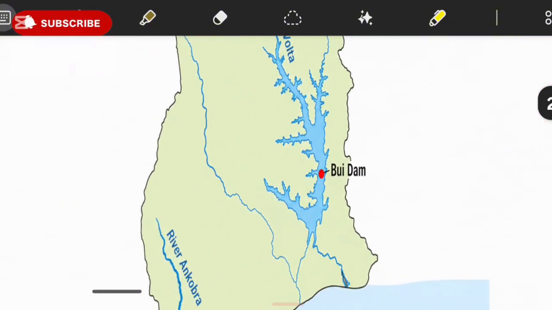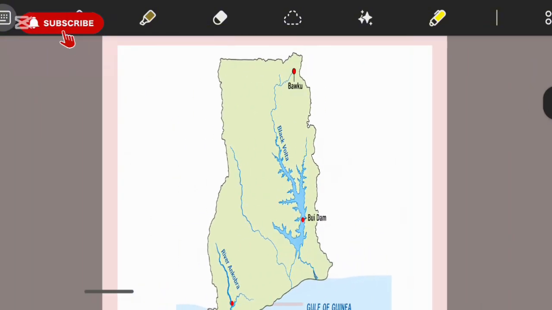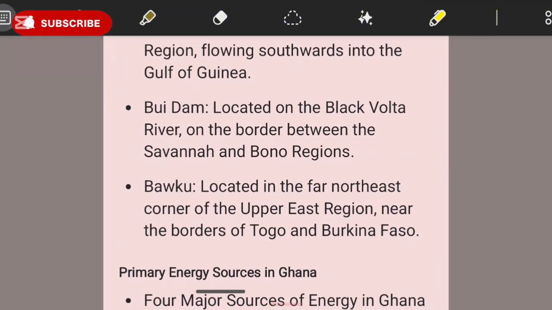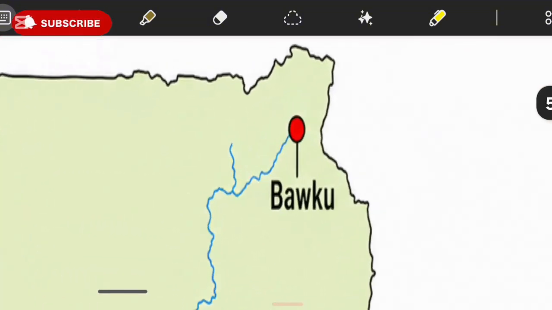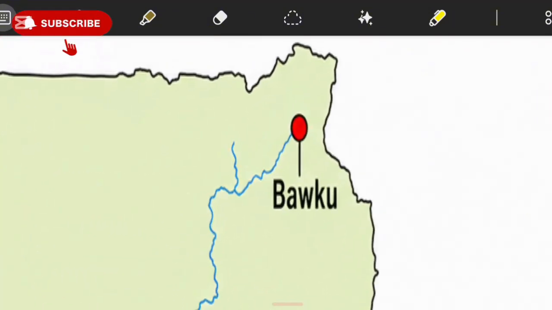And the Bawku region is located in the farthest north corner of the Upper East region. So that is why we see it over there, Far East region. Yeah. So we have Togo at this side and we have Burkina at the top of Ghana.